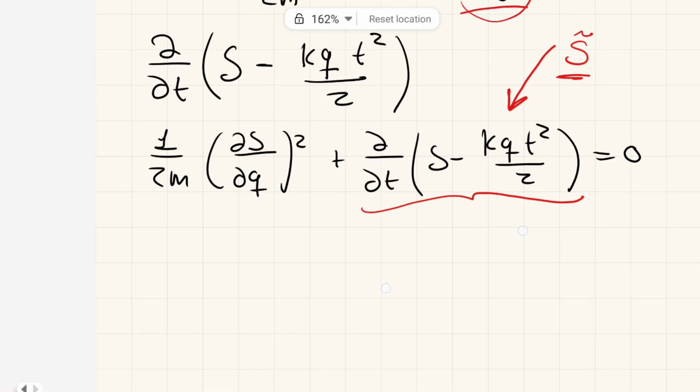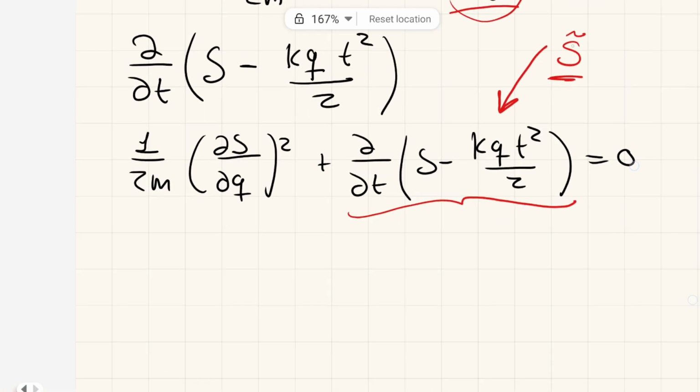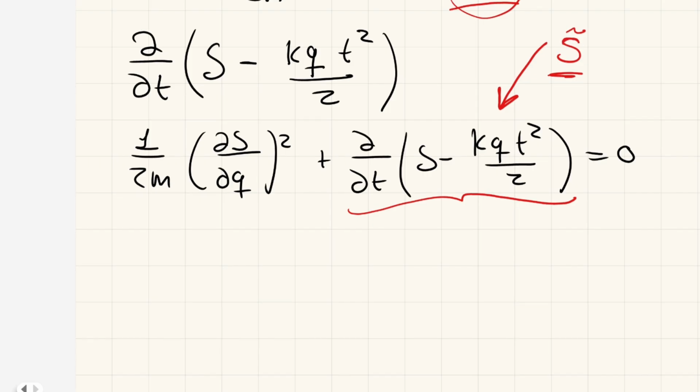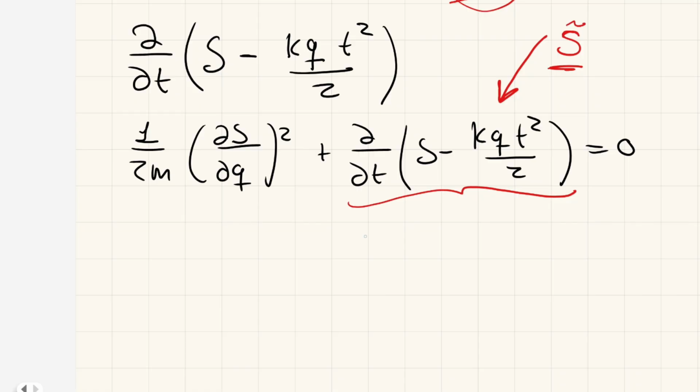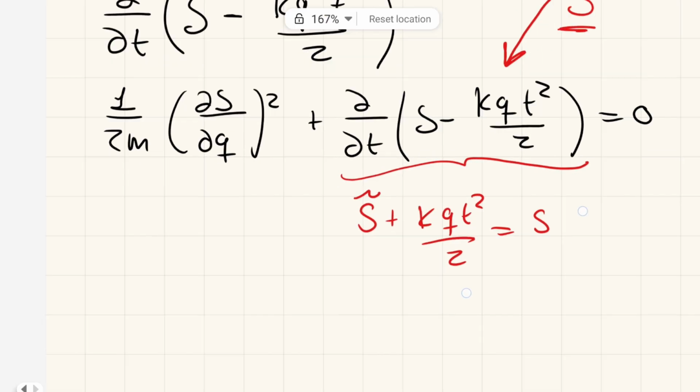And the thing here is that when we take this element S, it can be expressed as S tilde plus KQT squared divided by 2 equals S. Okay, so here's the important thing.